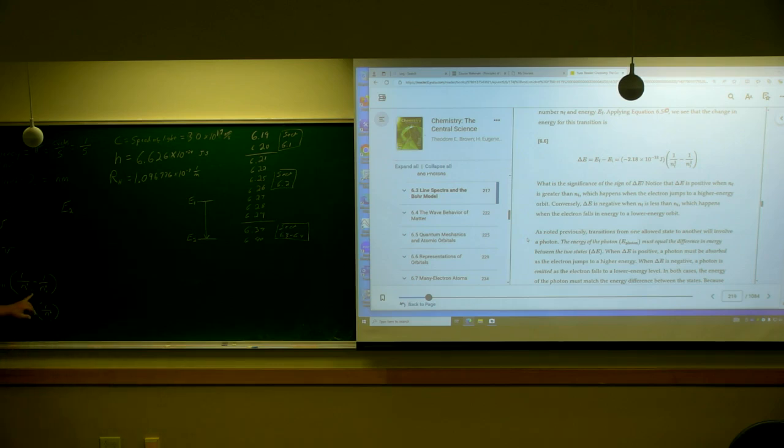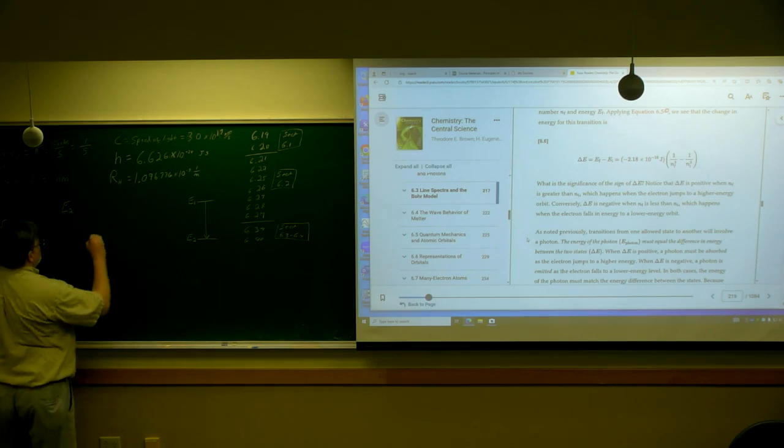So these subscripts here, I could have a little i right here for the 1 and an f for the 2. So in equations like this, you can use 1 and 2, or you could use i and f. But it's going to be final minus initial.